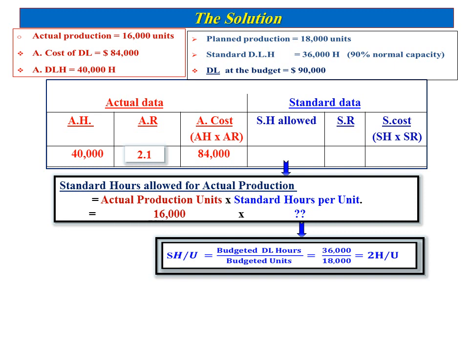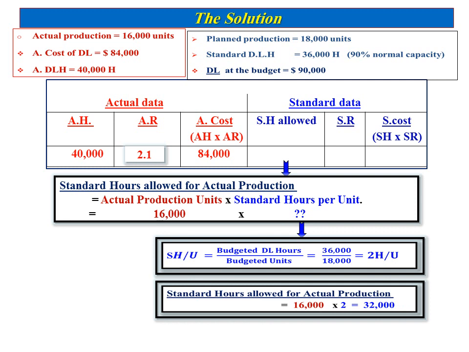If I have standard hours per unit and already I have actual production units, I can calculate standard hours allowed for actual production. 16,000, this is actual production, times 2. 16,000 is given, but 2 hours per unit is calculated, and the total is 32.